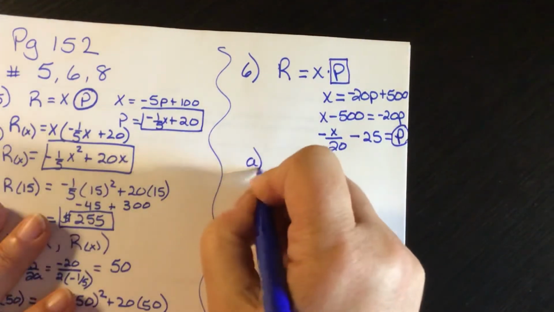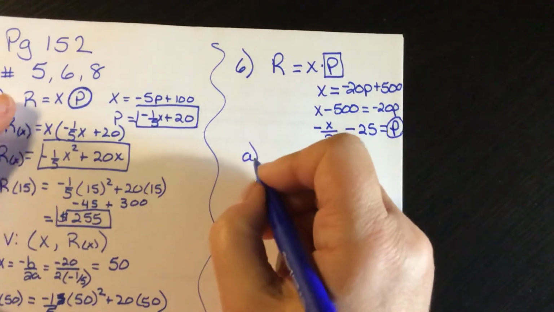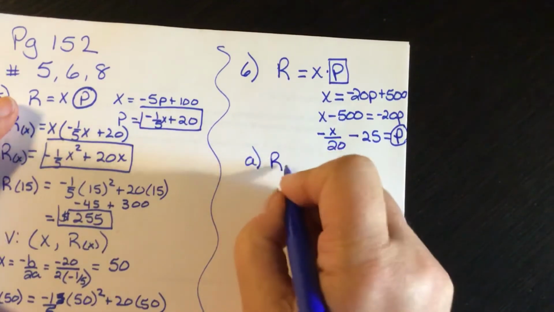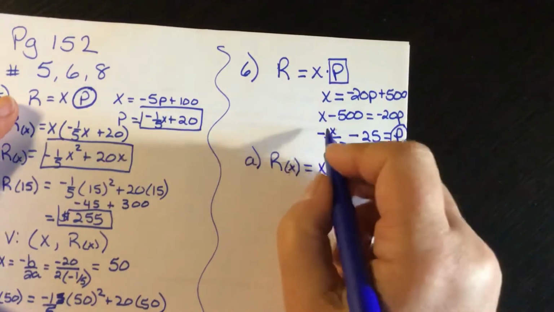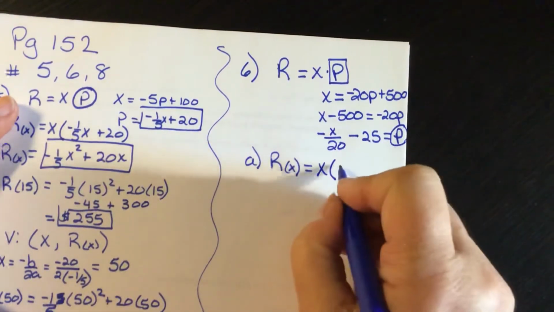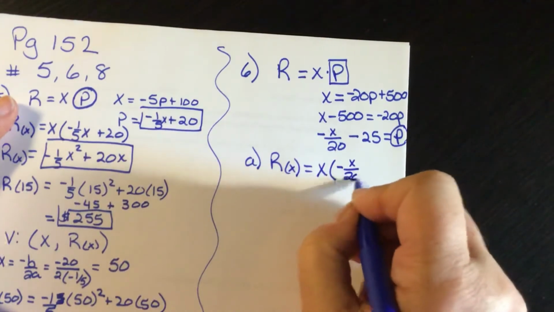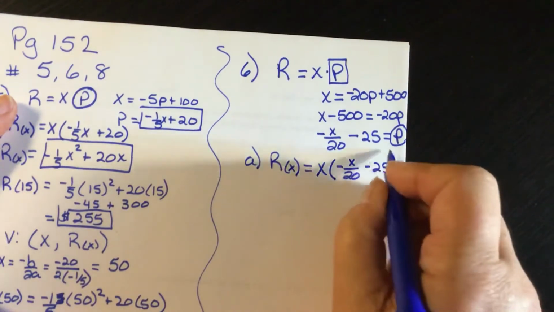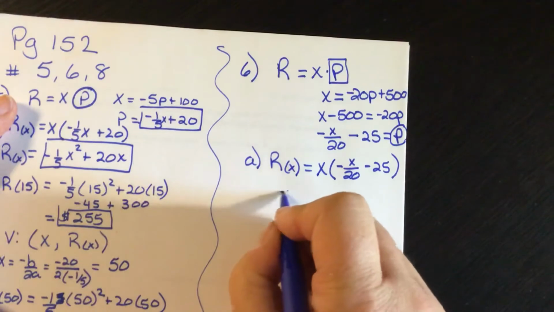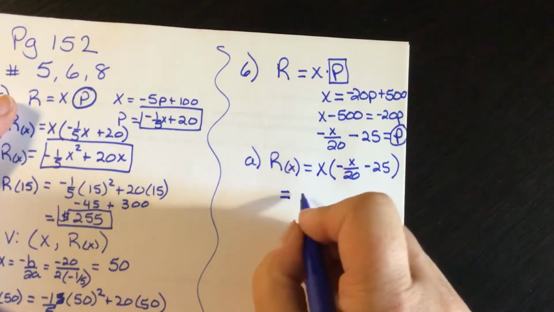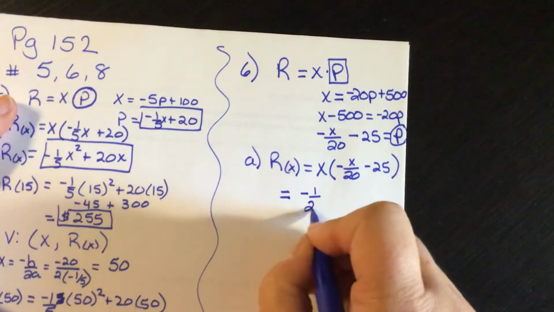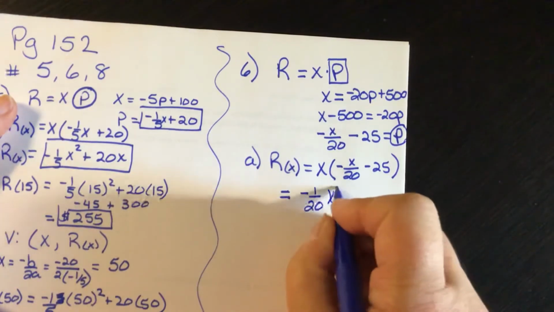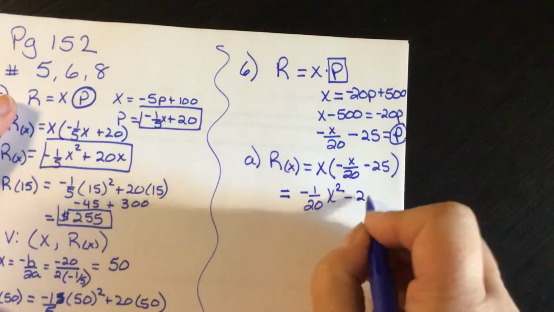So for Part A, I'm going to have the revenue in terms of X equals X times what P equals, negative X over 20 minus 25. So this gives us negative, I'm going to write this a little differently, 1 over 20 X squared minus 25X.